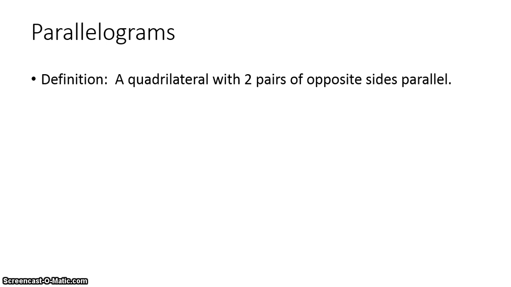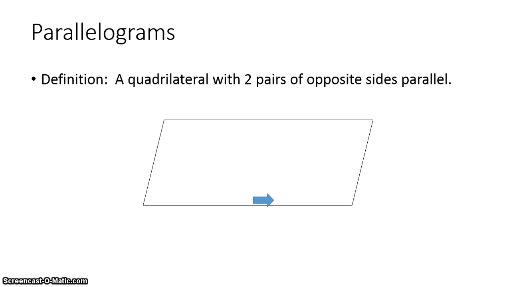All right, so as I just said, and as we talked about earlier, the definition of a parallelogram is a quadrilateral with two pairs of opposite sides parallel. Now, when we have a parallelogram, there are special properties other than the opposite sides being parallel that we're going to talk about.